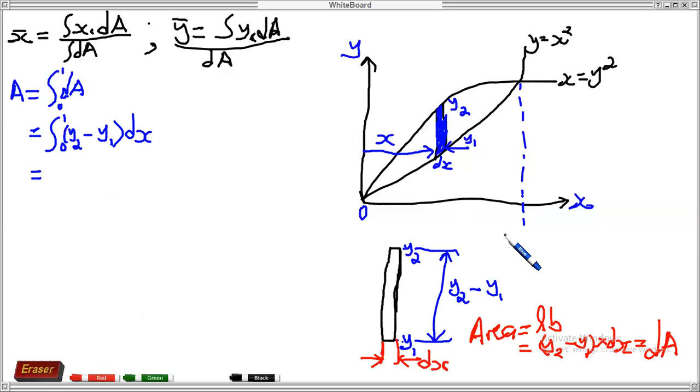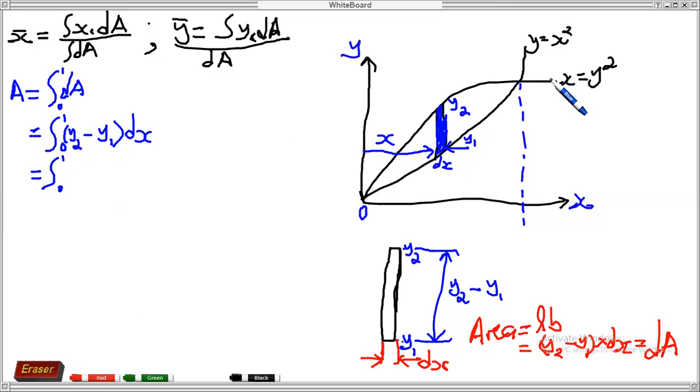Now remember, y1 and y2 are equations for this line and for this other line. Because we're integrating with respect to x, we have to put y2 and y subscript 1 in terms of x. So we need to substitute that. Therefore, from 0 to 1, y2 equation 2 is this equation here.